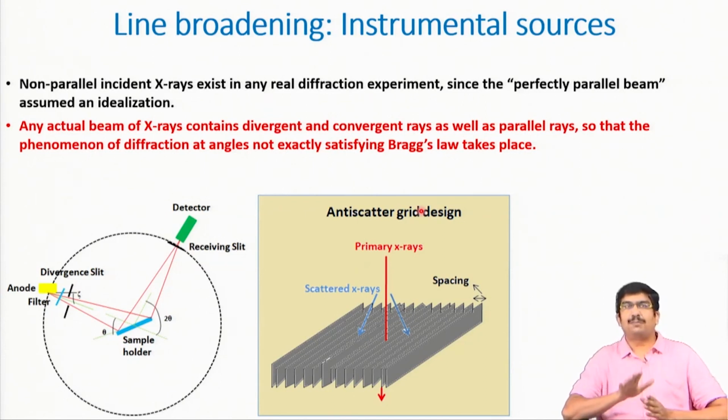Moreover, if it is not a parallel incident beam, if it is a combination of divergent and convergent X-ray beams, that will cause more broadening, because then the exact Bragg's condition will not be satisfied.